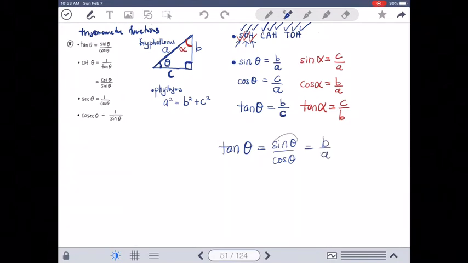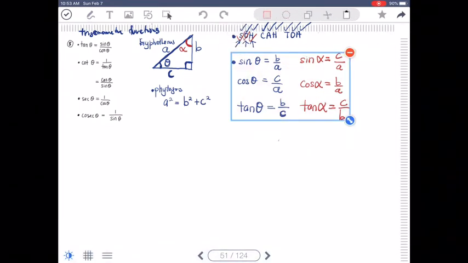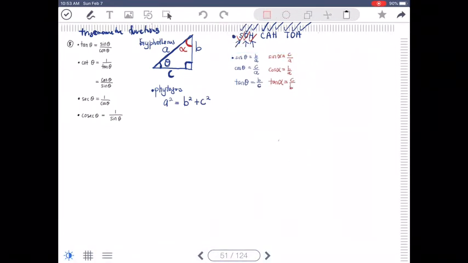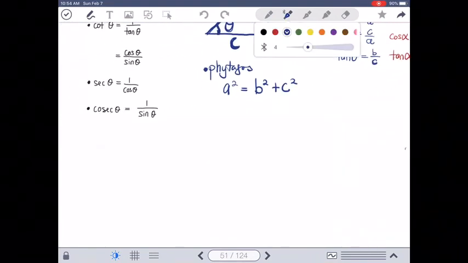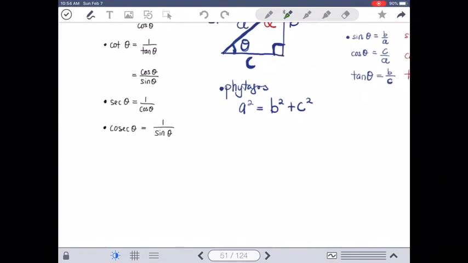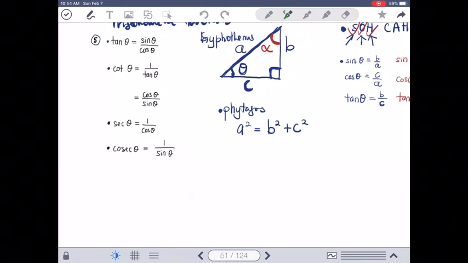Let me do it like this. Maybe I use the green color.